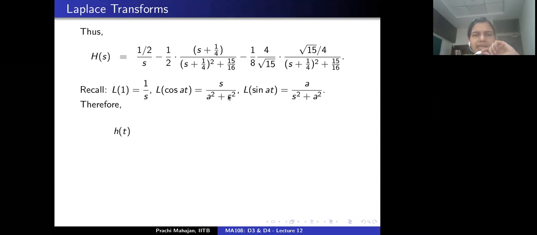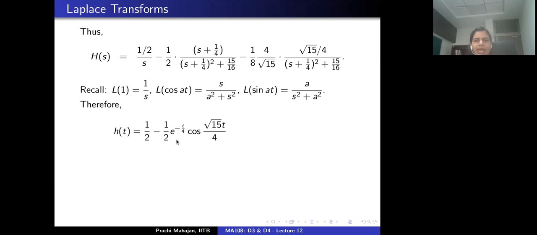So that would mean that little h, which is the notation for the inverse Laplace transform of the function capital H, is precisely 1 by 2 times the inverse Laplace transform of 1, so I have a 1 here, minus 1 by 2 cosine of root 15 by 4 t, and I pick up an exponential minus t by 4 in order to account for the term s plus 1 by 4 here.